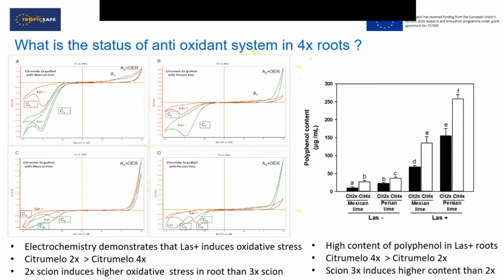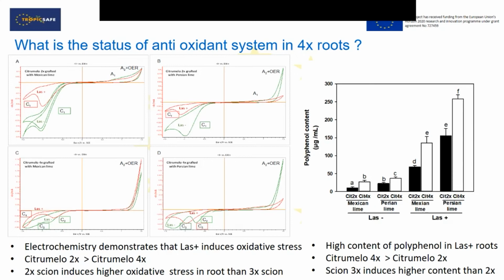Also, what we found by using this technique is that when you have an association triploid variety with the tetraploid, the antioxidant system is even stronger at root level. So it means that you have an influence of the scion. So we say, okay, this is interesting. It was the first time we were able to see that there is an influence of the scion.